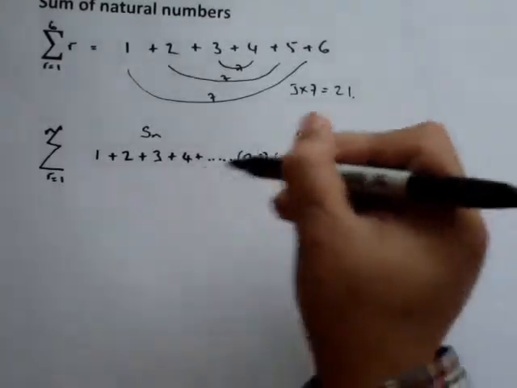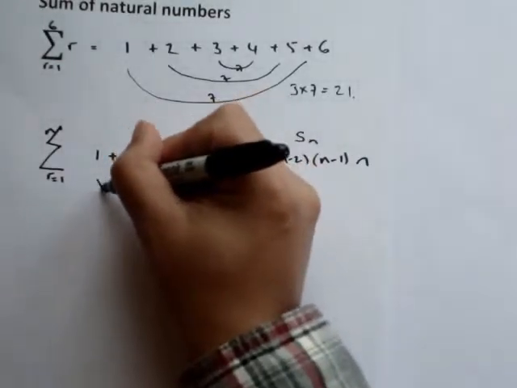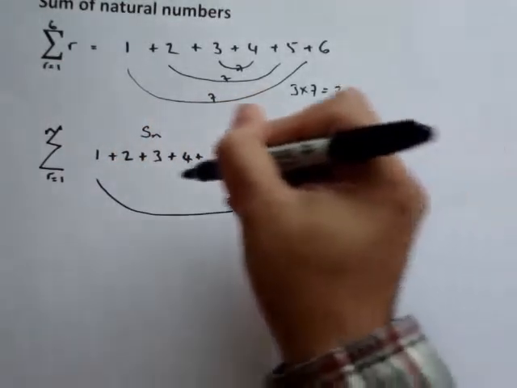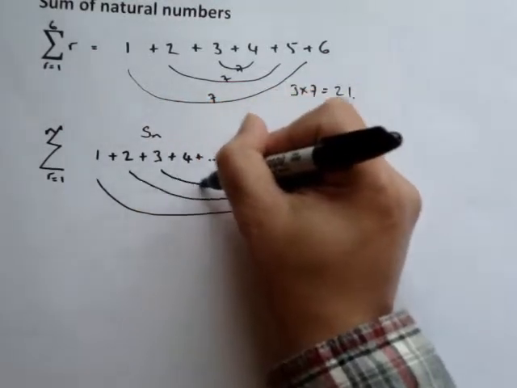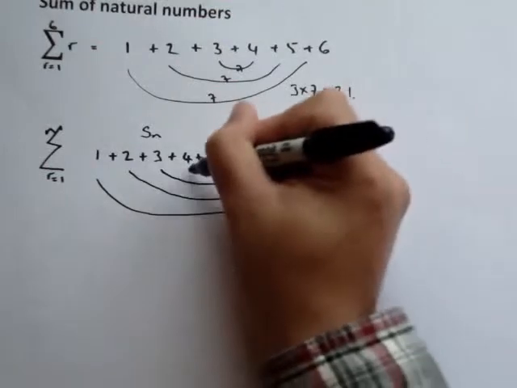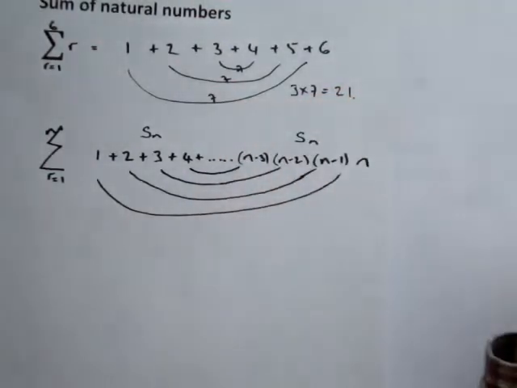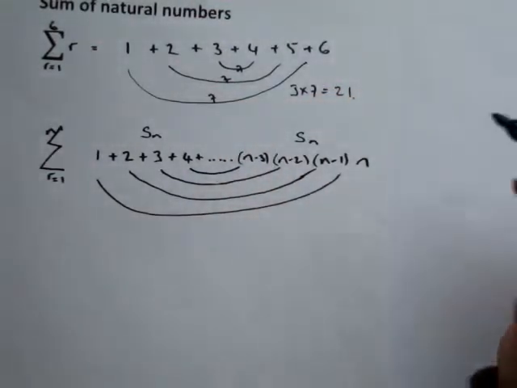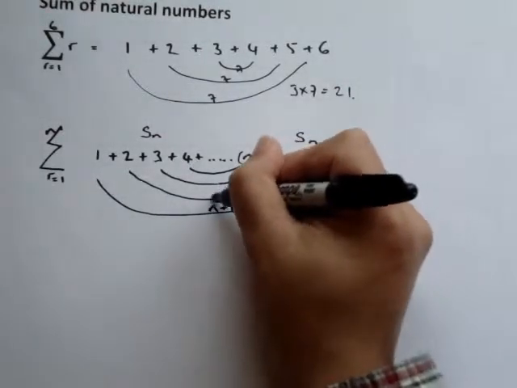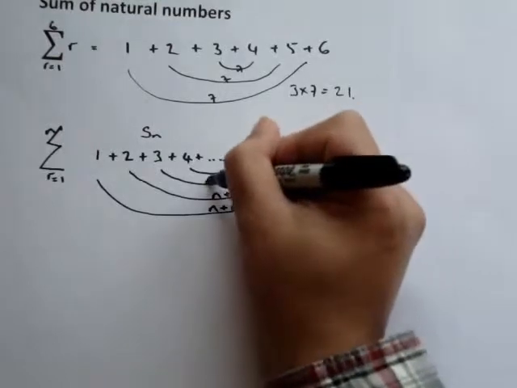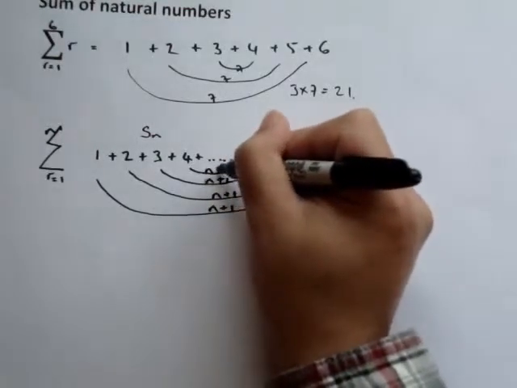Now if we were to add these two together, we would add the n to the n plus 1, 2 to the n minus 1, 3 to the n minus 2, and 4 to the n minus 3. In each case we would get n plus 1, n plus 1, n plus 1, n plus 1.